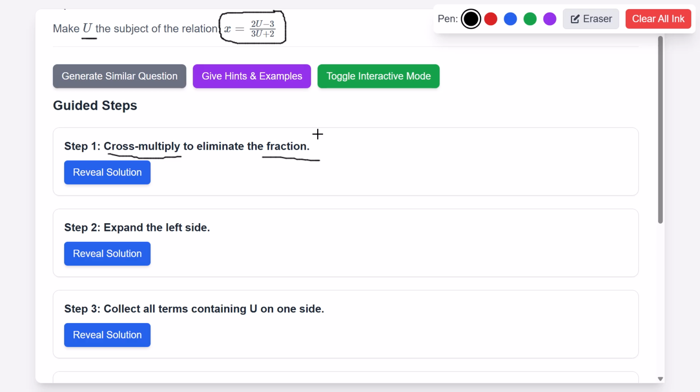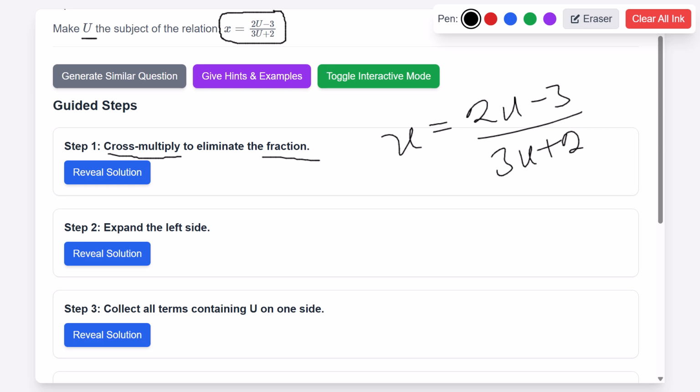So the equation itself is x is equal to 2u minus 3 all over 3u plus 2. So I multiply this side over here by 3u plus 2. Then I do the same thing for this side. So I multiply this side over here too by 3u plus 2.